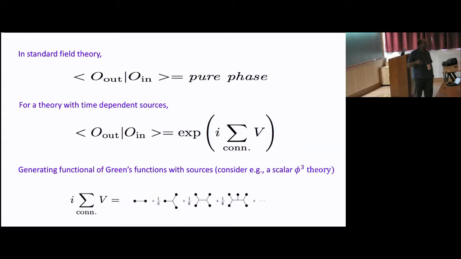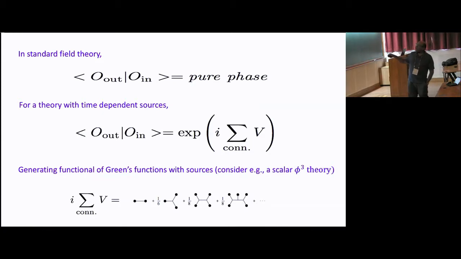It's just some normalization factor, which in this case is just 1. However, in general, this in-out state can be written as the exponential of all connected vacuum graphs. This is a very general mathematical formulation of this in-out state in the theory.